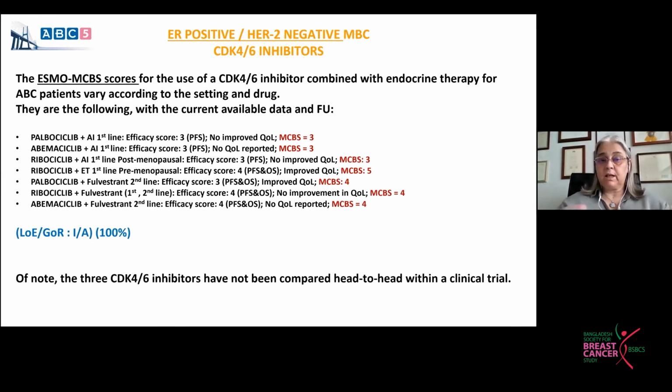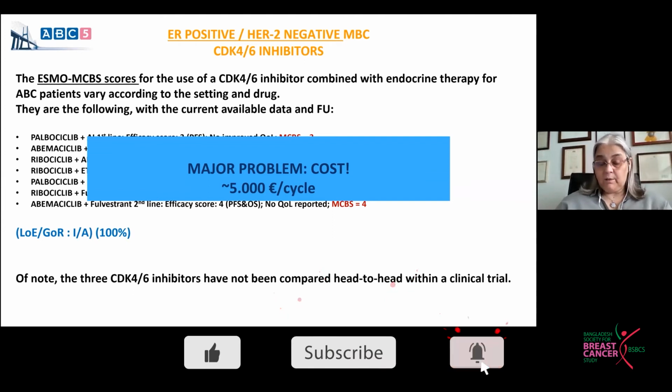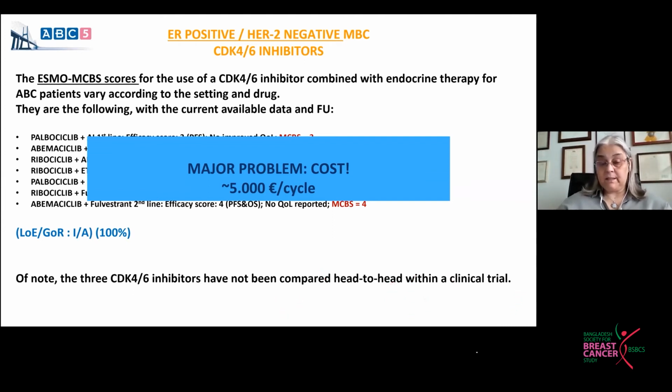So these agents are classified between a 3, 4, and one of them as a 5, which is the top score in this scale. What is the problem of these agents is cost. The cost that you see there is the cost in my country. It can be different in other countries, but gives you a perspective that these are expensive treatments and drugs, and this is a major limitation in their implementation.